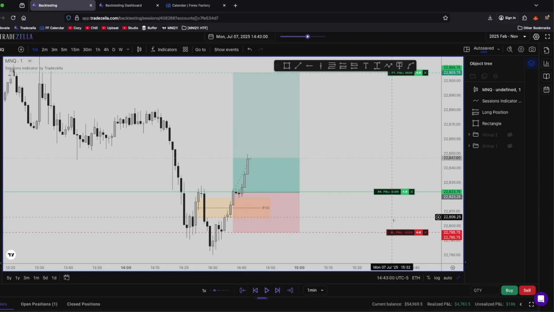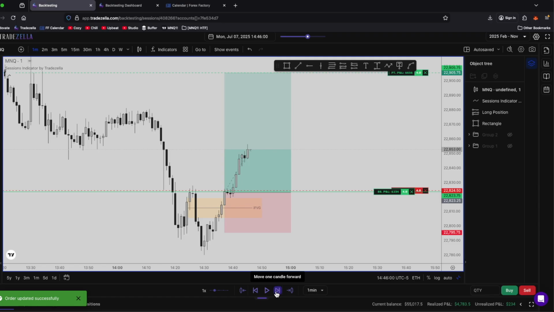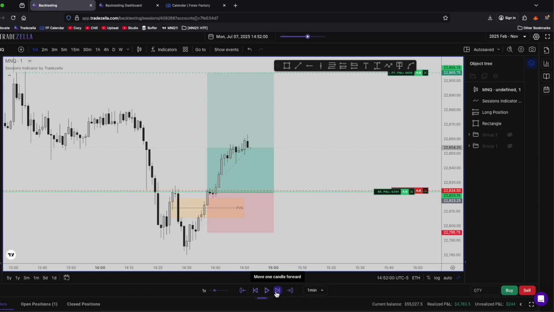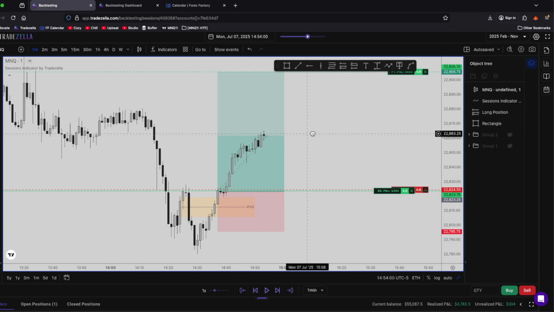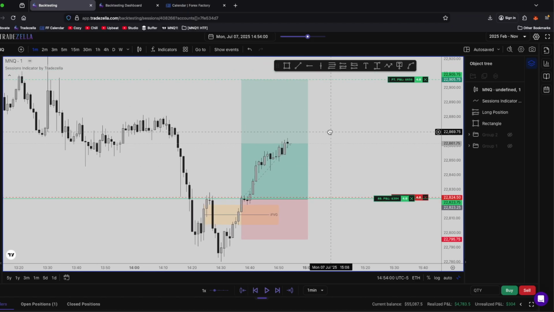Okay. Pushed away. I can go break even at 1R, which we're about there. It's leaving a lot of tailless candles, 1, 2, 3, but it's not distributing very fast.